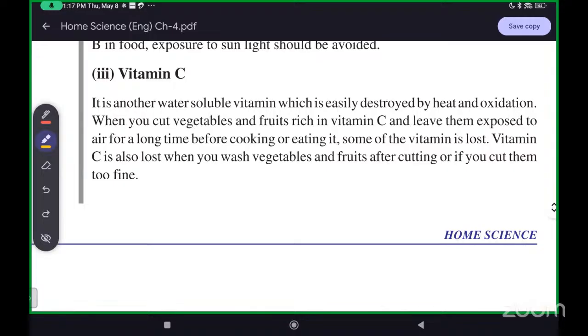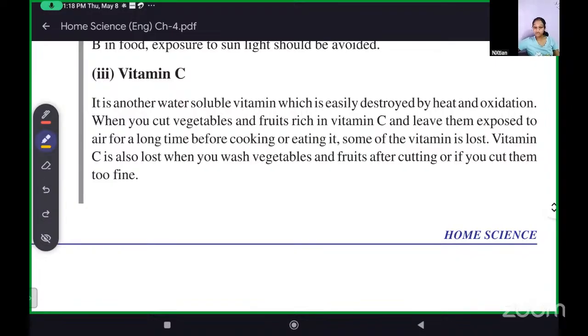So vitamin C is also water soluble, which is easily destroyed by heat and oxidation. It also reacts with air. If you cook these foods at a very high temperature, it will lose the vitamin. If you expose it to air, it will lose the vitamin.